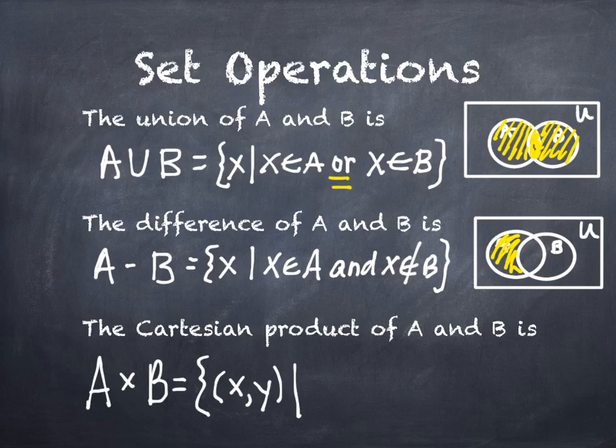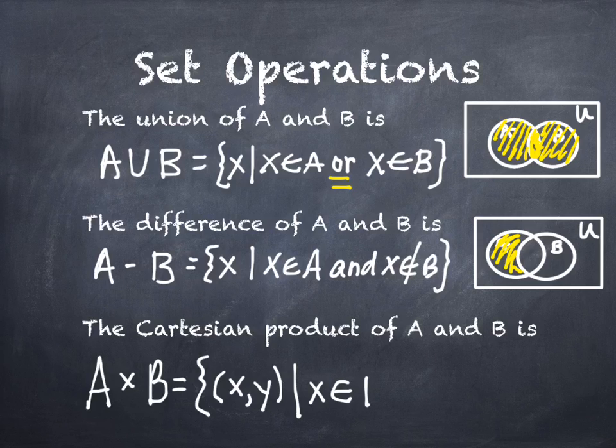What has to be true about this little letter X? Where did it come from? What's that? It is in the universe, more specifically. It has to be in set A. So the first coordinate has to be in the first set.